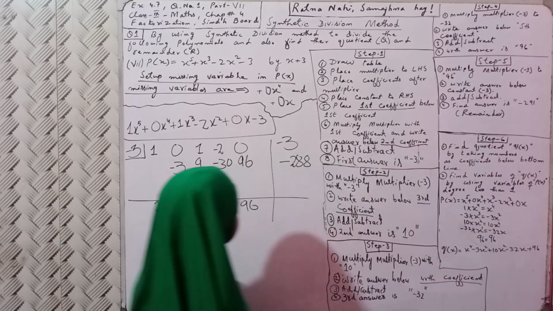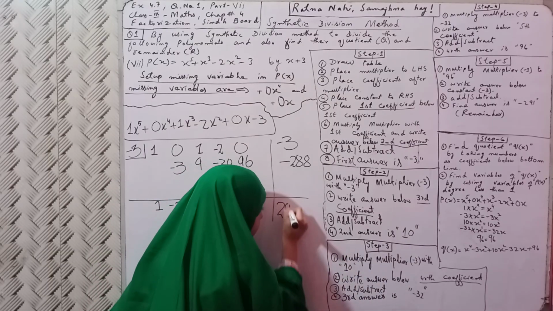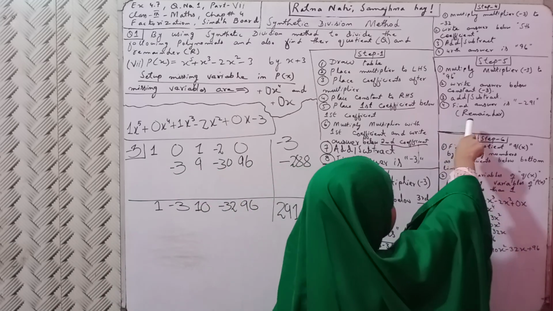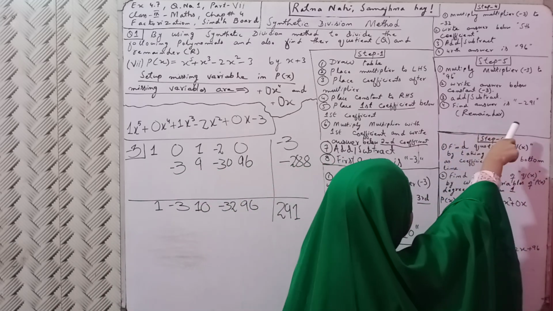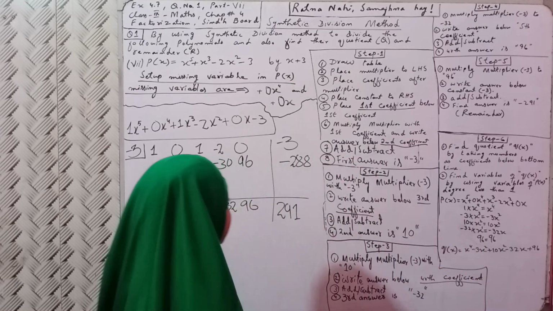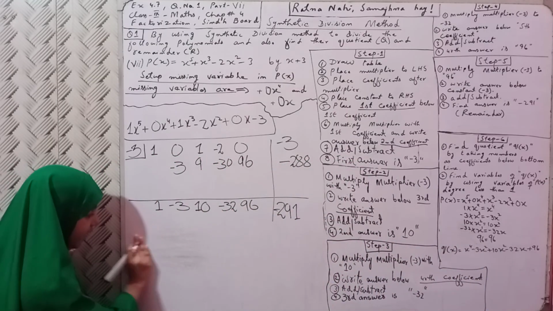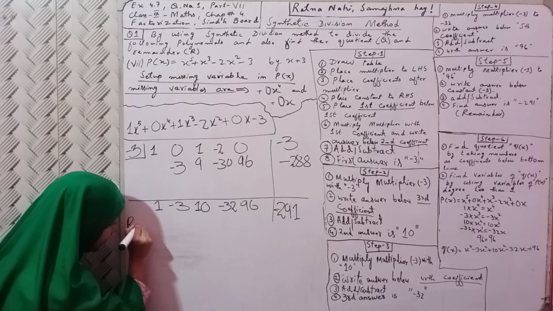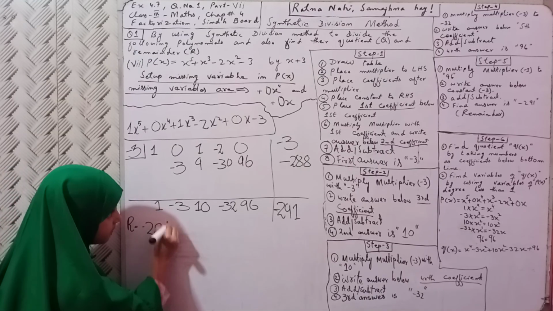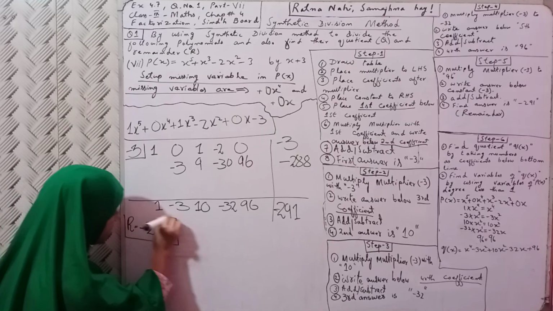Start add or subtract. So here will become minus 291. Now the final answer is minus 291. Yes, correct. And it is the remainder. So we have found our remainder. The remainder is equal to minus 291. And this is our answer.